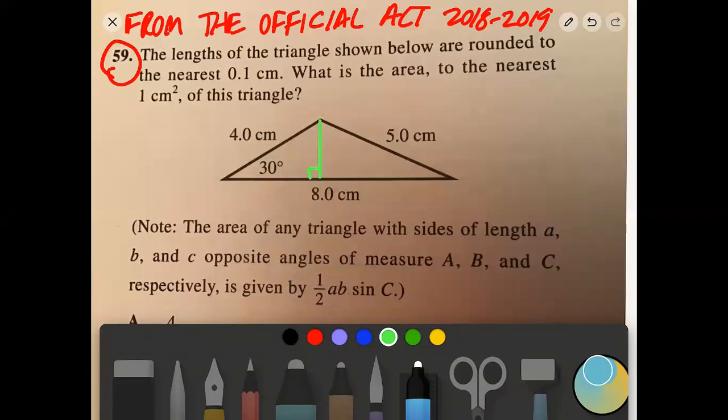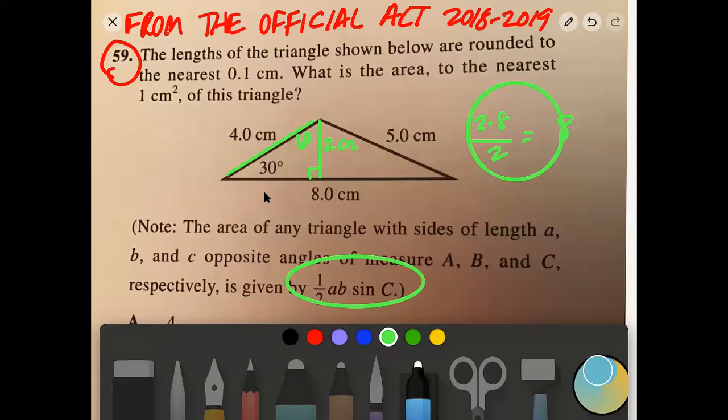What I've just done is create a 30-60-90 right triangle. If this is the hypotenuse of 4, that means the altitude or the height is going to be 2 centimeters, right? So it would be 2 times 8 divided by 2, which would be 8. That's what we're normally used to. So this is just another version of altitude times base.